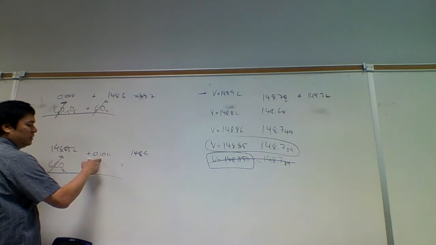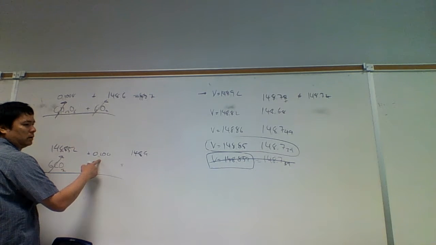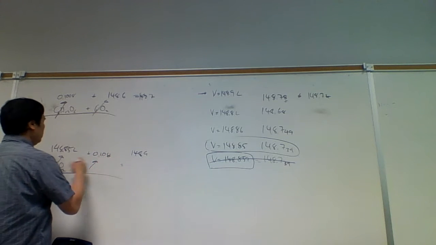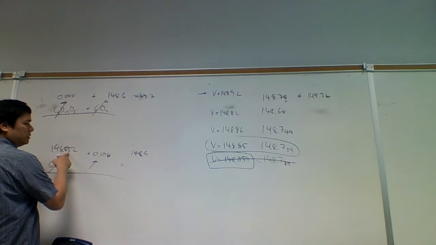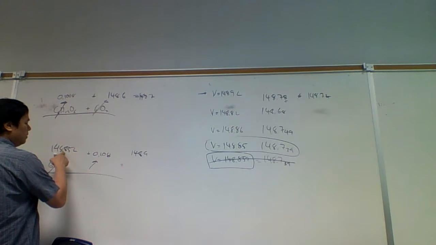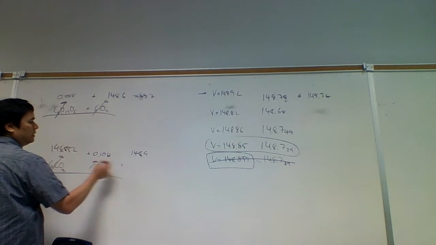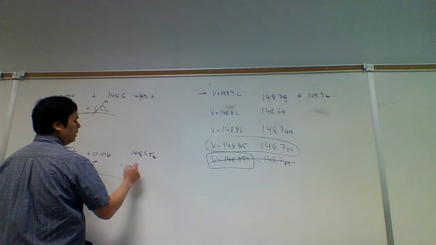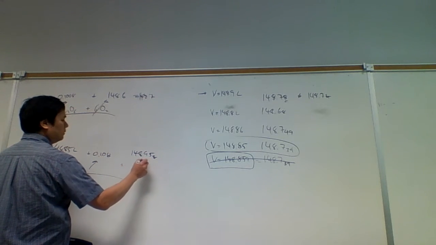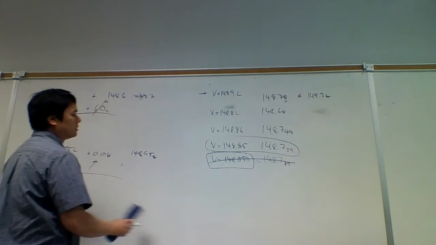Actually, what was the volume of the H2O? It's 0.108. I need to do that because I carried this one out a little bit farther. So this is going to give us 148.958, which is going to give us, let's round it. Oh, actually, let's not round it.